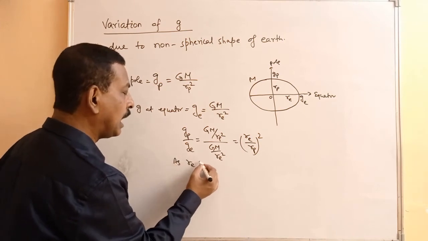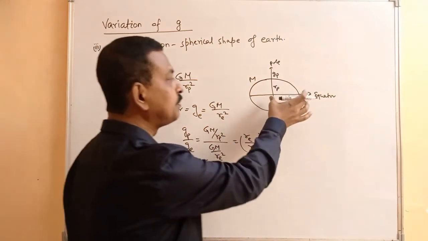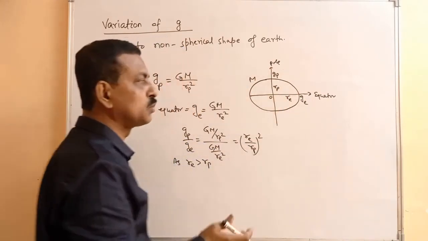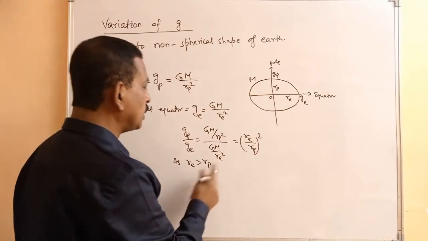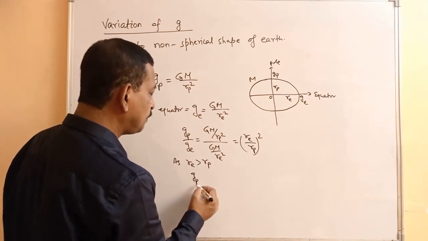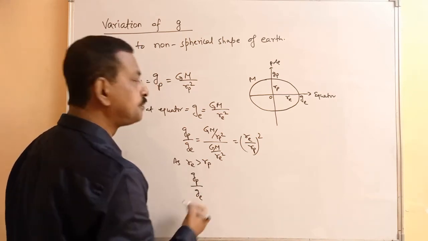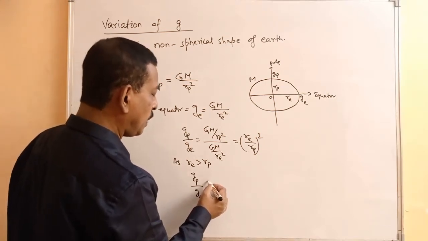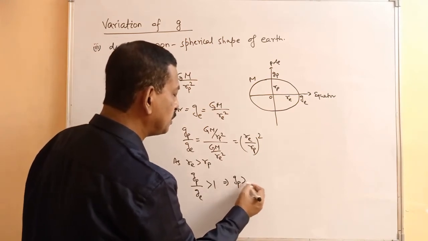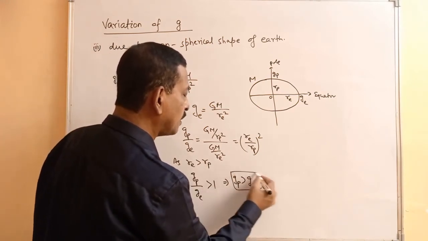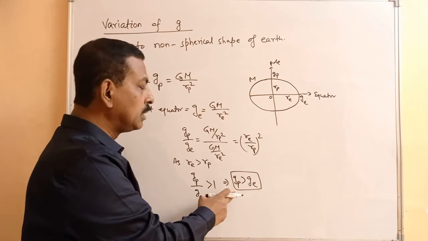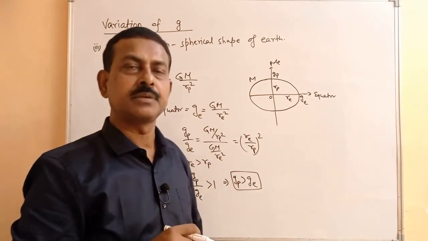As RE is greater than RP, since Earth is flattened at the pole and bulged at the equator, the polar radius will be smaller than the equatorial radius. So GP by GE will be greater than 1, which indicates that GP will be greater than GE. So acceleration due to gravity is more at the pole than at the equator.